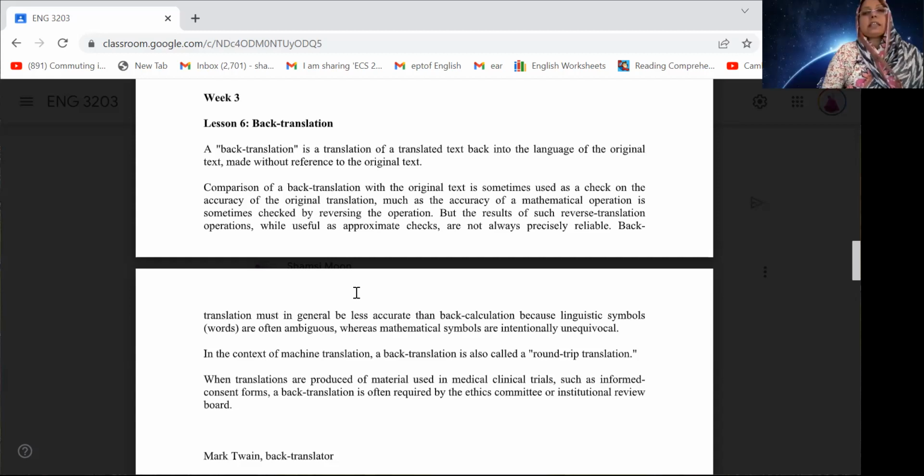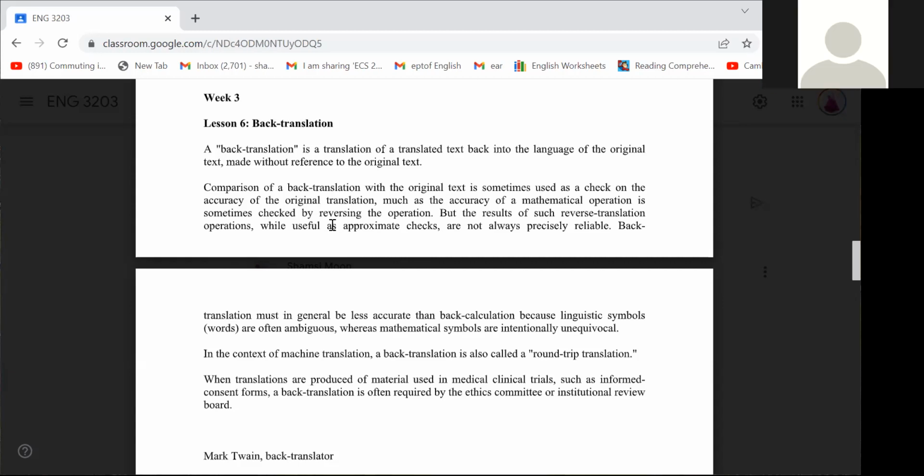Back translation is a translation of a translated text back into the language of the original text without reference to the original text. Without reference to the original text, we check whether the translation is done accurately, sophisticatedly, beautifully, just through back translation.